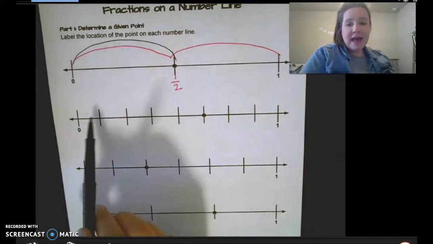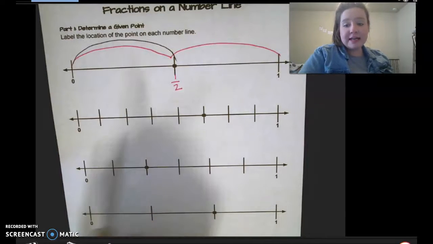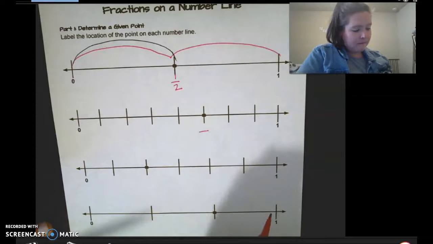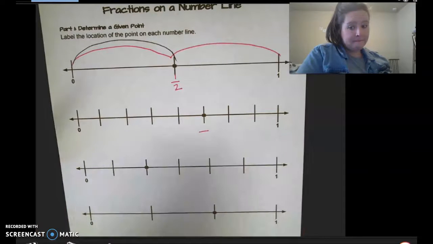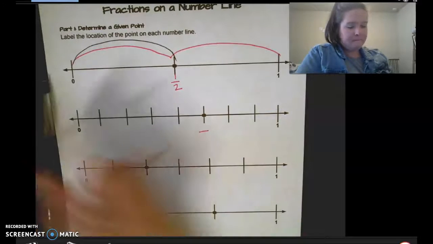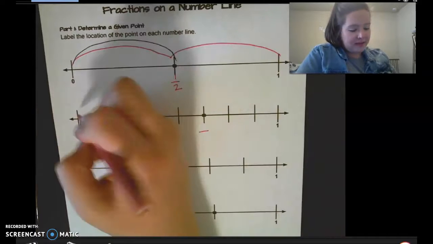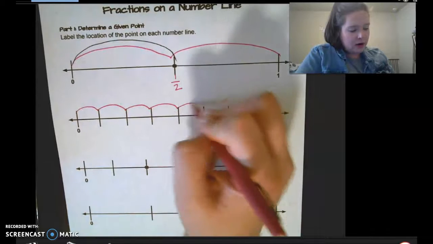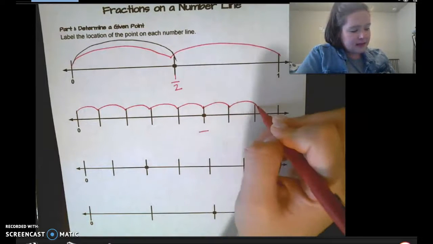I want you to see if you can do this one right here. How many spaces or how many sections do we have in this fraction here? Good. We have 8. 1, 2, 3, 4, 5, 6, 7, 8.